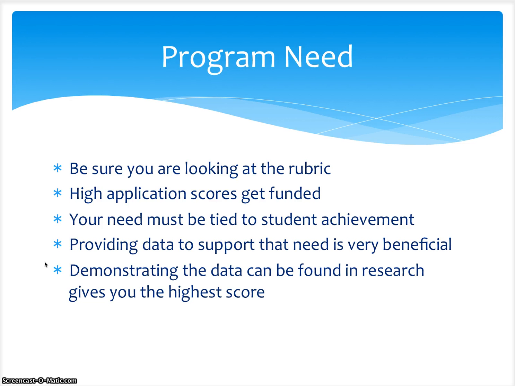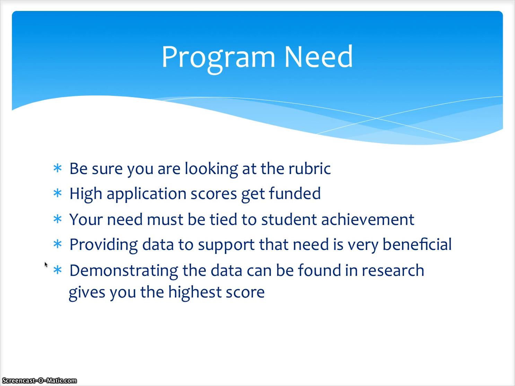It's really critical. I cannot stress it enough throughout the completion of this application. Please make sure you are looking at the rubric. The rubric very clearly explains how to receive the right number of points or the highest possible number of points for each section of the application.